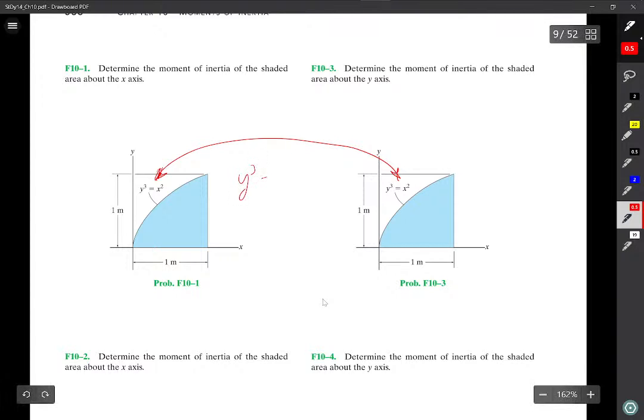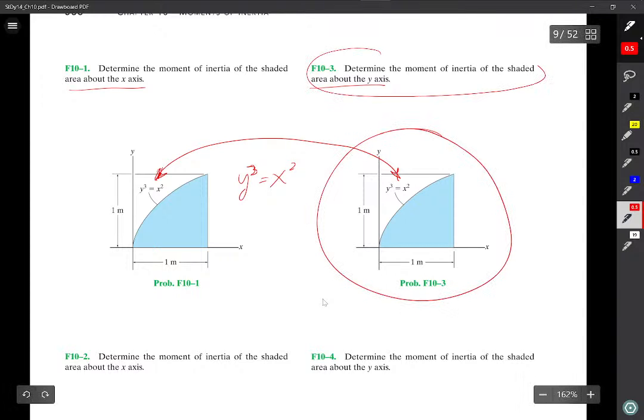Y to the third equals x squared. That's what I'm seeing. So I'm not so sure I believe that. About the x-axis and about the y-axis. So I'm not so sure I believe what he did in the back of that.